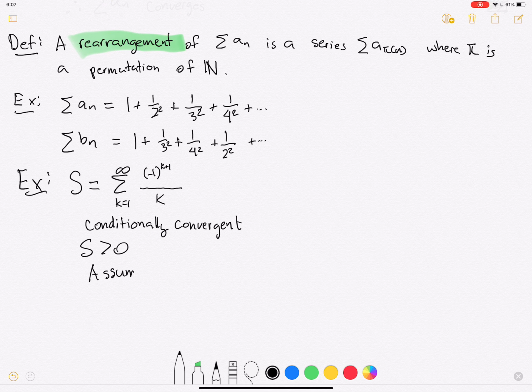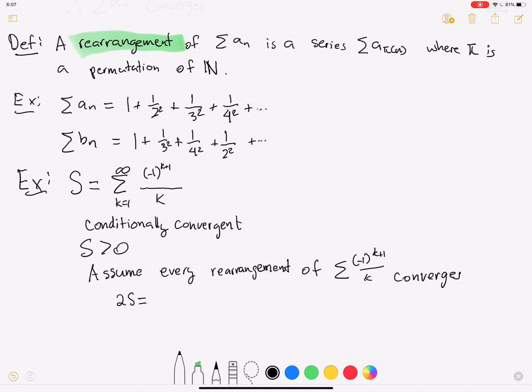Assume every rearrangement of the sum of (-1)^(k+1) over k converges. So 2S, where'd the 2 come from?